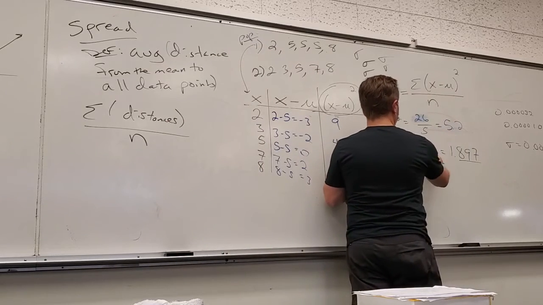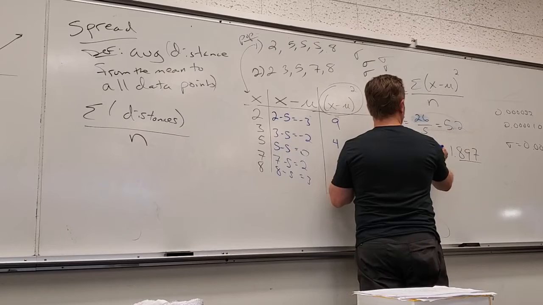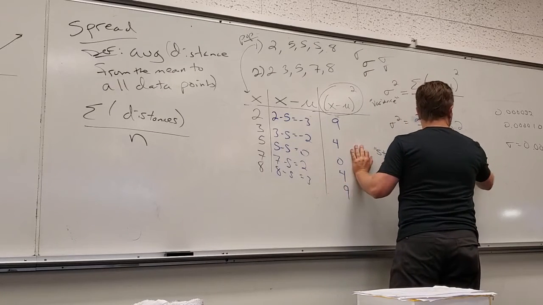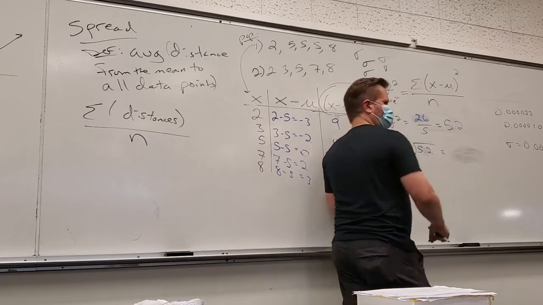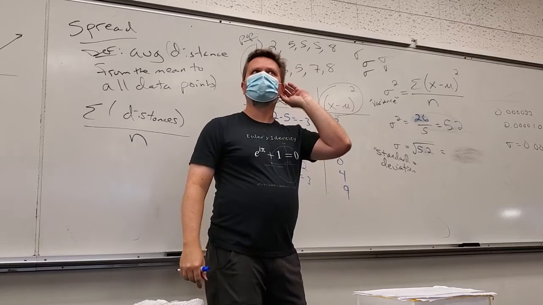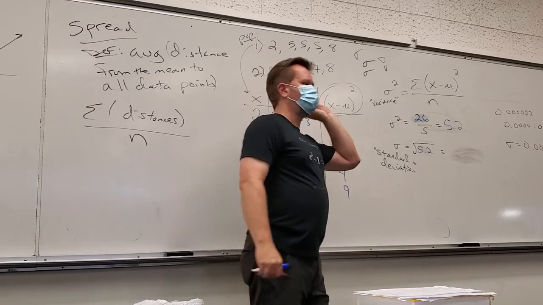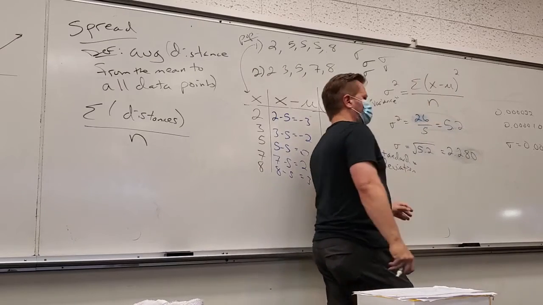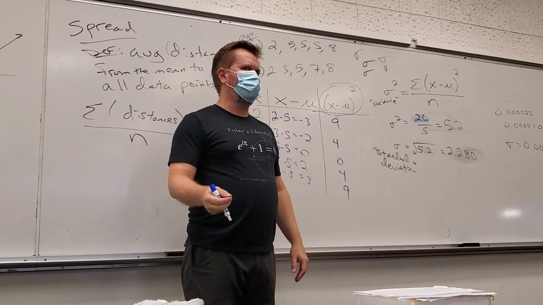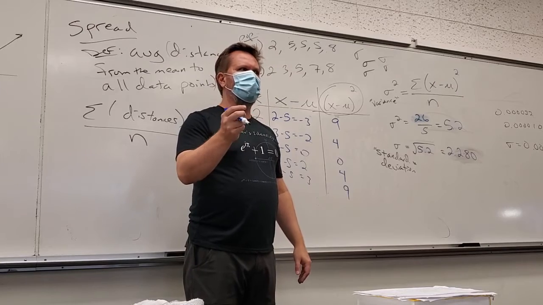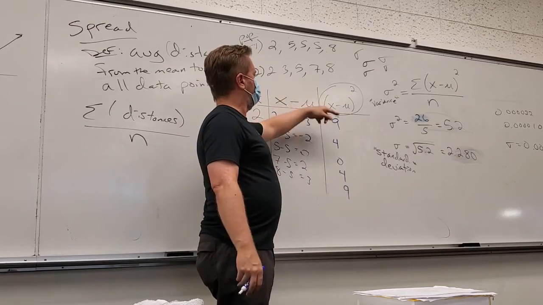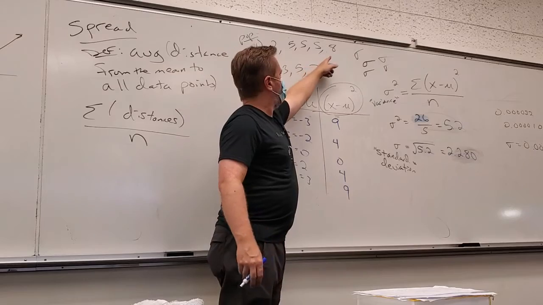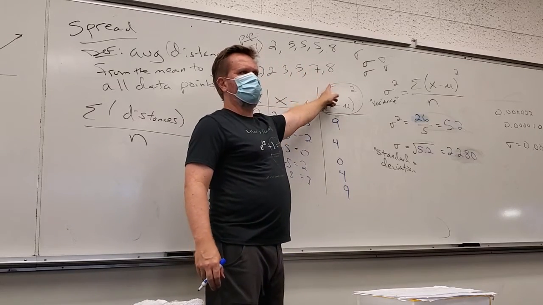So this is 5.2. It's definitely bigger than that. 2.280? Yeah. All right, so it did its job. It differentiated between the two. Even the range is the same, yes? The range is 6 for both.